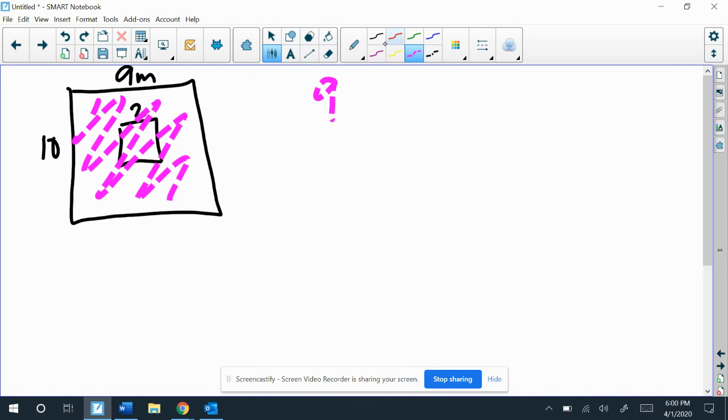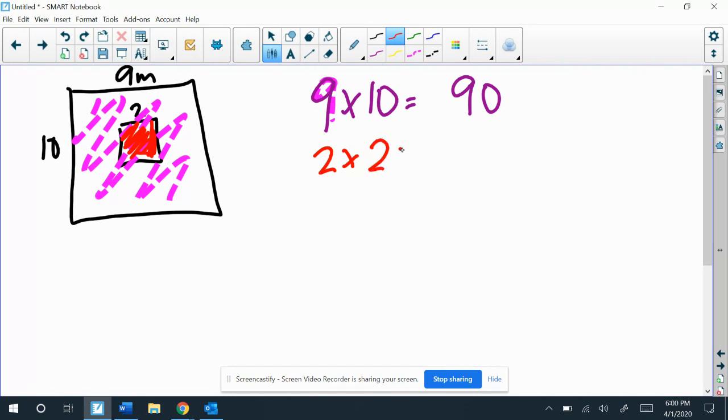9 times 10. Well, 9 times 10 is 90. Then I'm going to find the area of this little part right here, which is our square. 2 times 2 gives me 4. Now I'm going to subtract the 4, so I just get this outside edge.